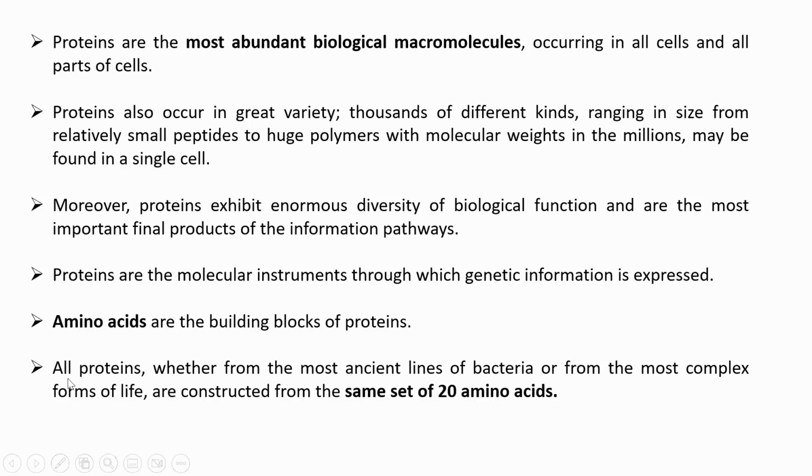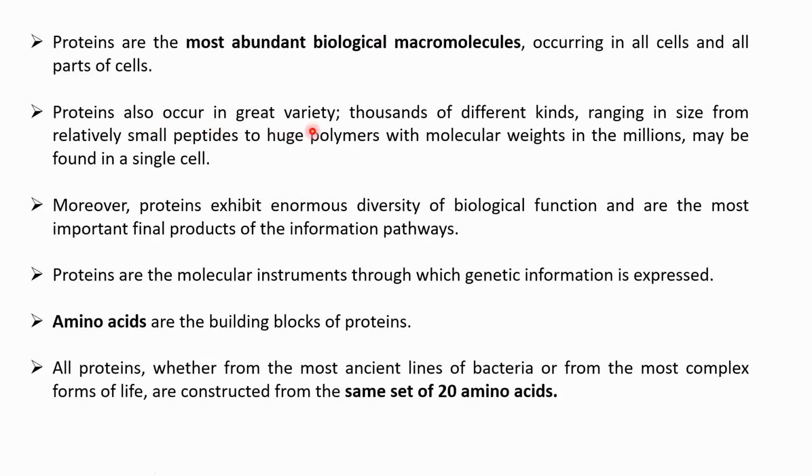In the earlier class, we studied two types of components in biomolecules: biomacromolecules and biomicromolecules. Amino acids are micromolecules, but proteins come under the category of macromolecules. They are the most abundant biological macromolecules that occur in all cells and parts of cells.